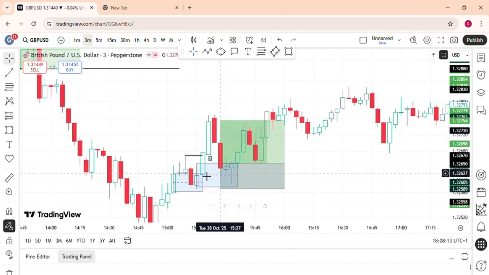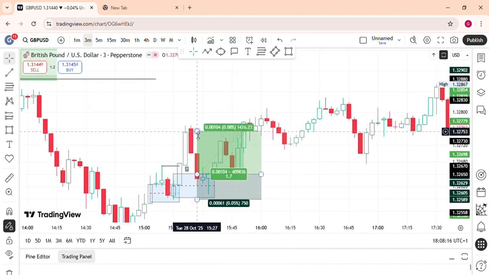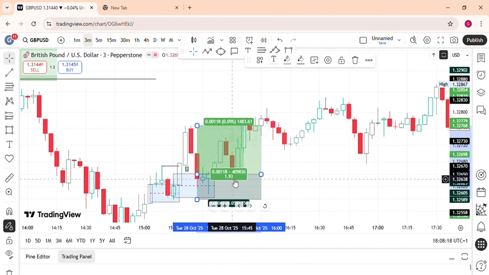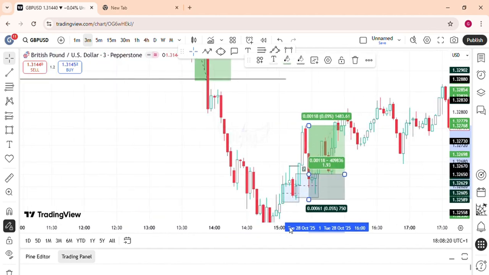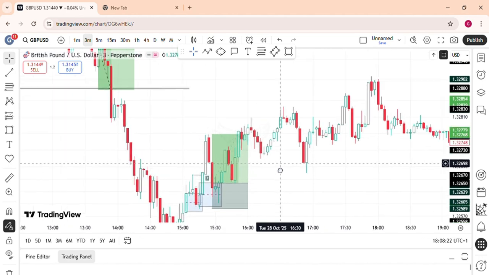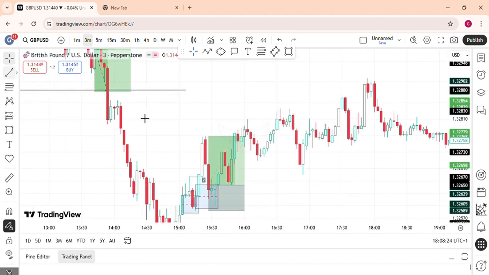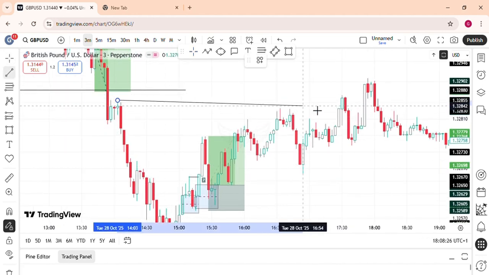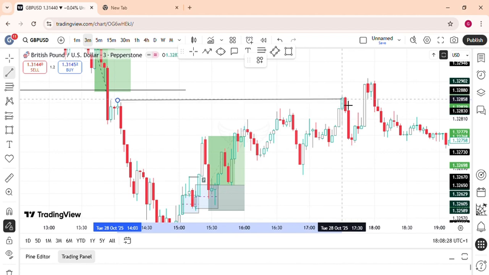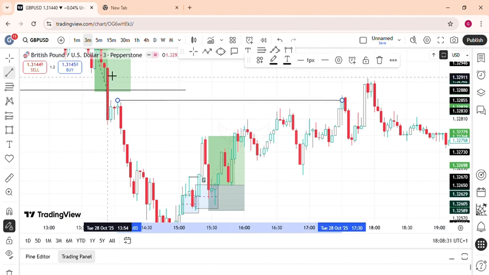Our take profit would be here, which is giving us a 1.93 risk reward ratio, or we can actually put our take profit here right before this next fair value gap here. It can indicate our boundary.